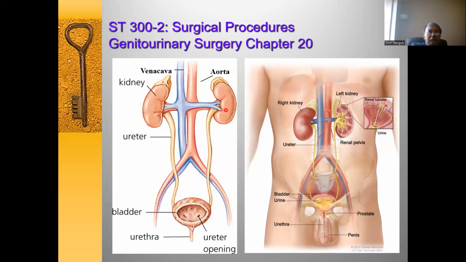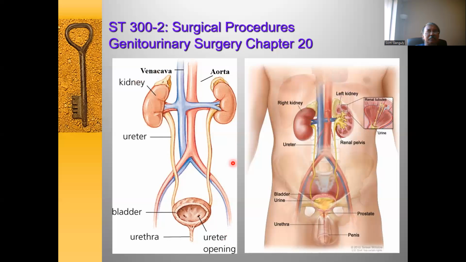So kidney filters the blood, produces the urine. Urine comes out through the ureter, through peristalsis, enters the bladder. When the bladder is filled, the bladder opens the sphincter, it empties through the urethra outside of the body. Male urethra is long, female urethra is short.